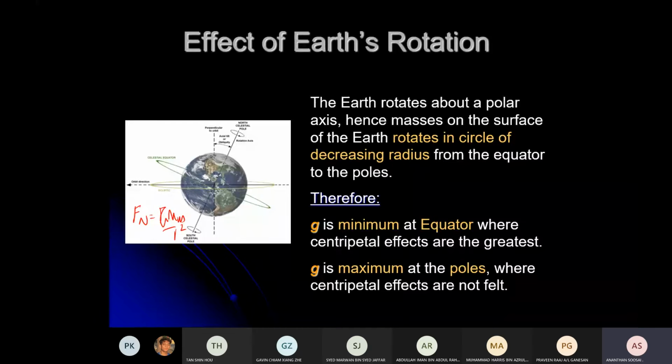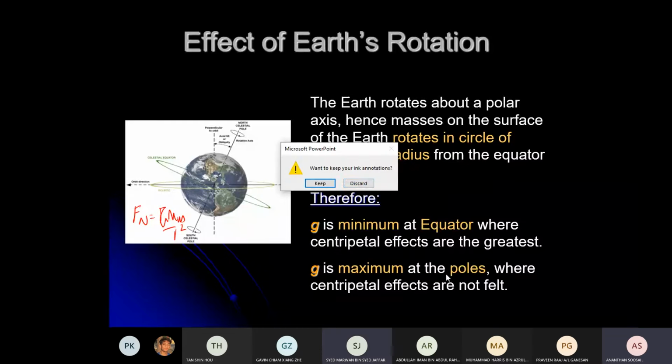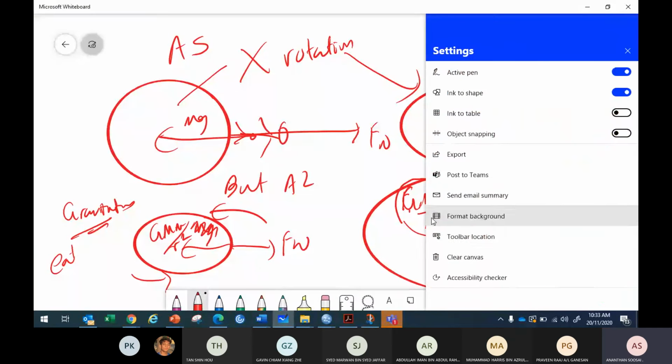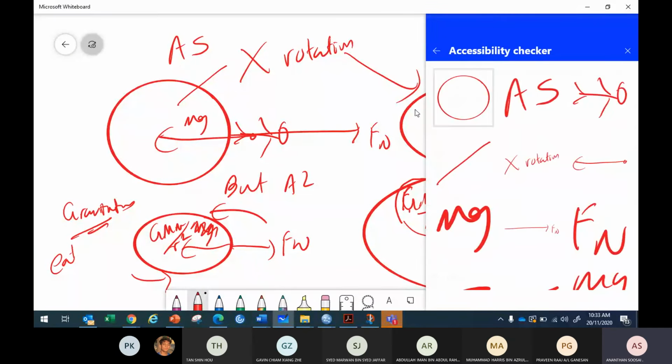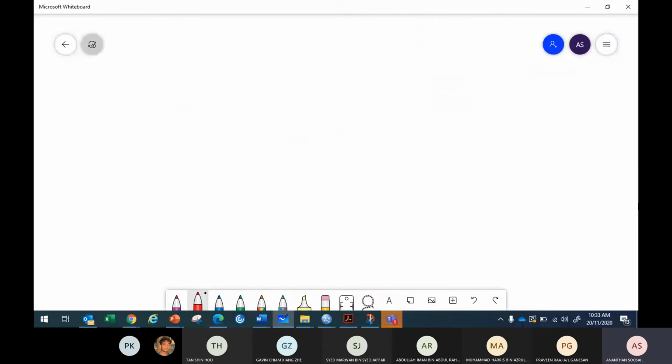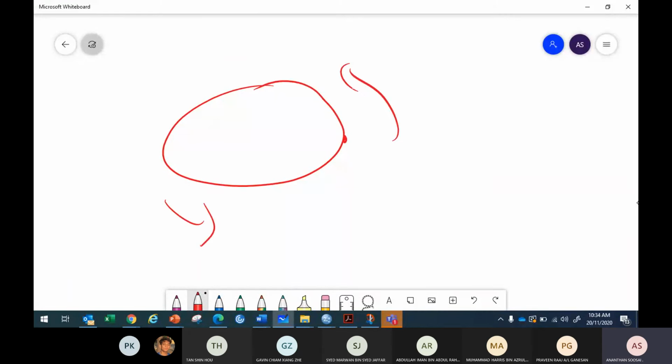Okay, sorry, I think I'll go to the whiteboard, it'll be easier. So Earth at the equator, because it's rotating like this, the radius of rotation is like this.